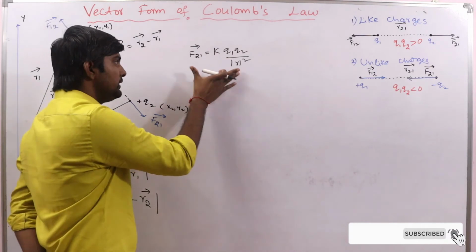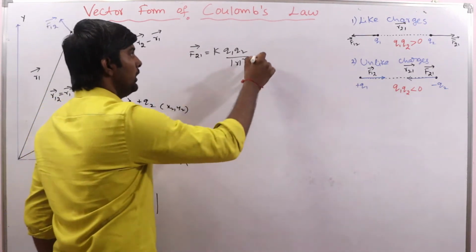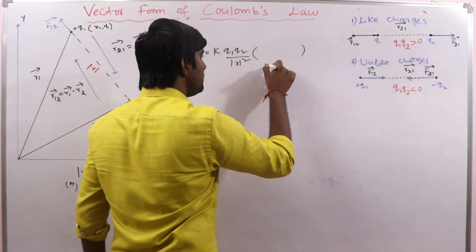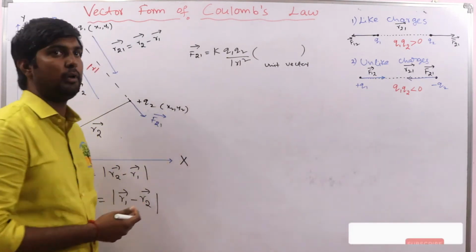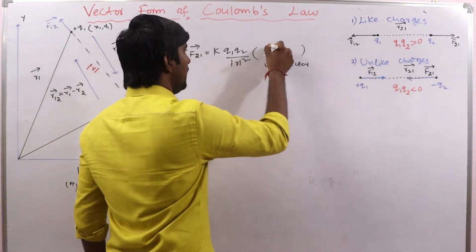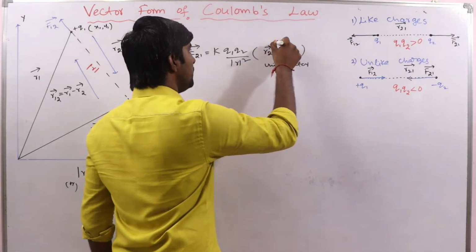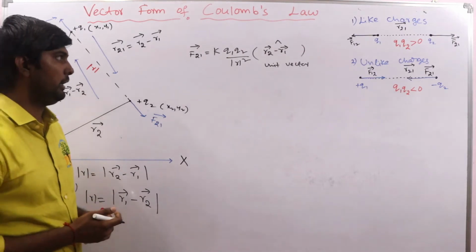This is in scalar form, but we need the vector form. So what we have to do? We have to apply a unit vector. To give the direction for any vector we have to apply the unit vector, that is r2 bar minus r1 bar cap.